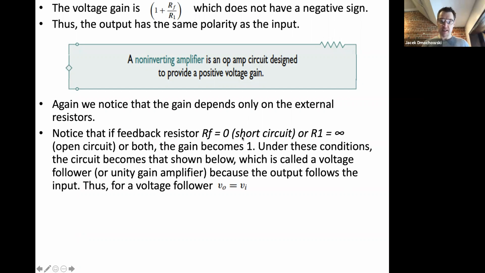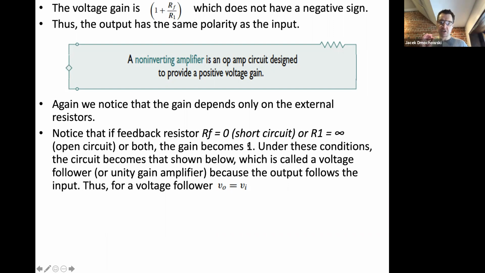So let's take a couple of extreme cases. Let's make the feedback resistor equal to 0, in other words, a short circuit between the output and the input. Then the gain becomes equal to 1. Or if we make R1 equal to infinity, in other words, we put an open circuit on the input side, in both those cases the gain will be equal to 1.